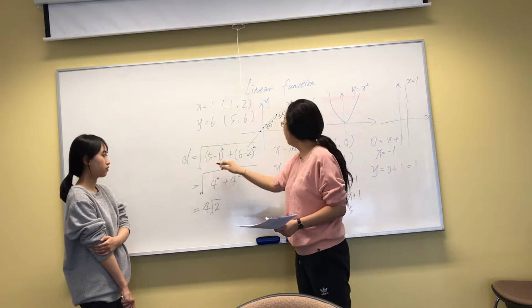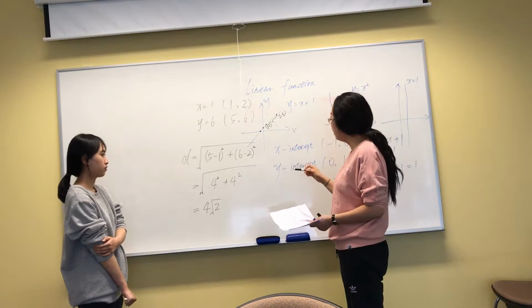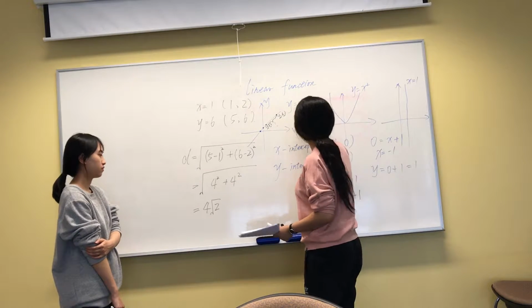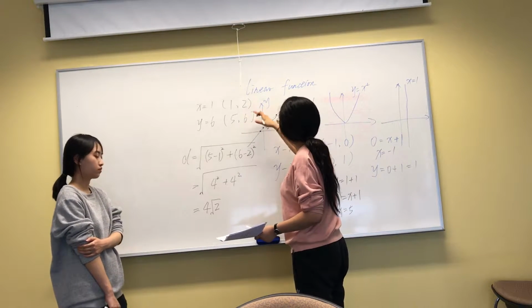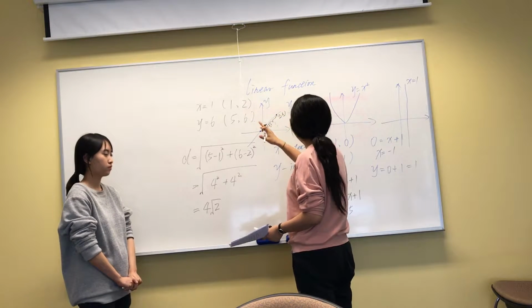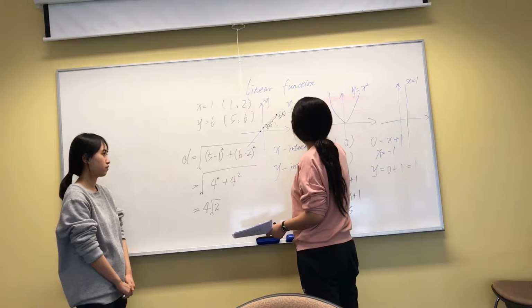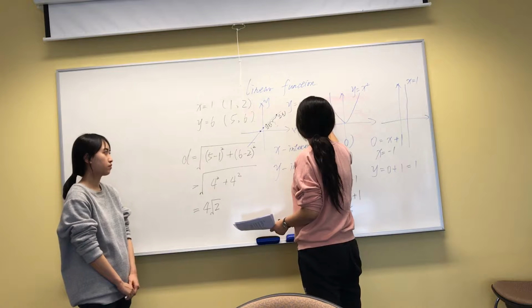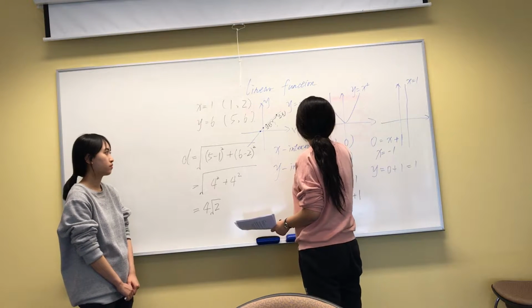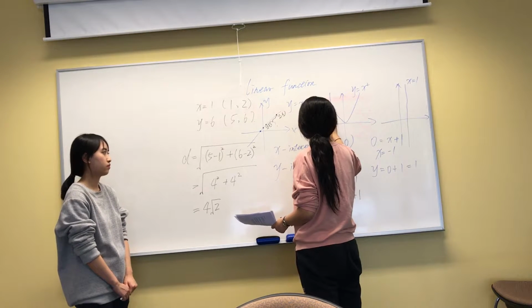And this is the formula. If we generalize it, where the two points are not limited to 1, 2 and 5, 6, we can call these two points (x1, y1) and (x2, y2).